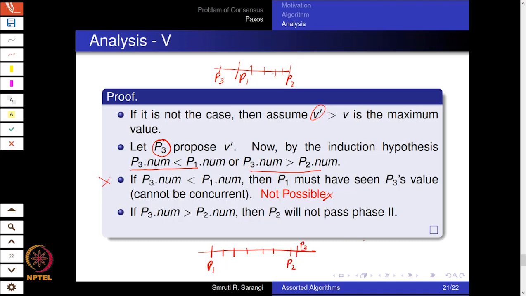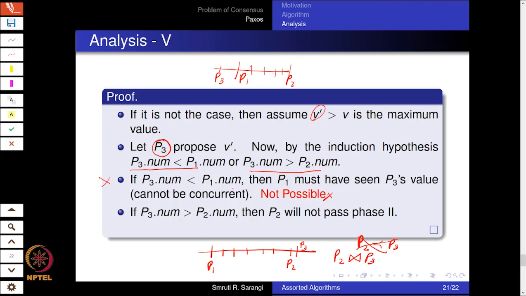Now let us look at two subcases. Do P2 and P3 have a precedence relationship? Well, if you look at this, it is not really possible because P2 is choosing the value proposed by P3, so they cannot have a precedence relationship. The only relationship that they are allowed to have is that both of them are concurrent.